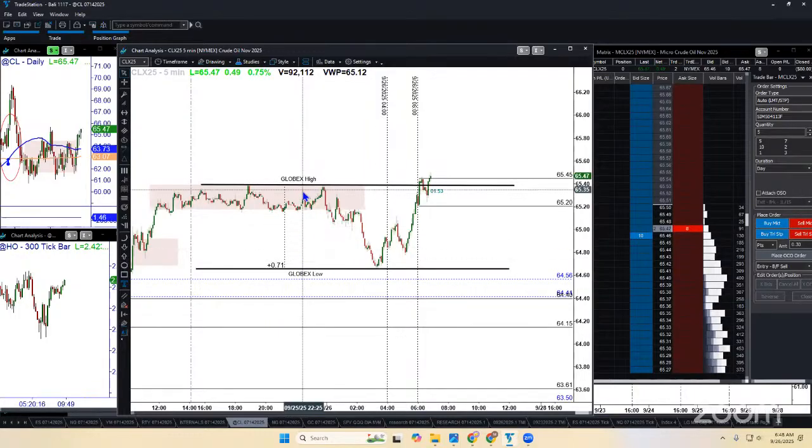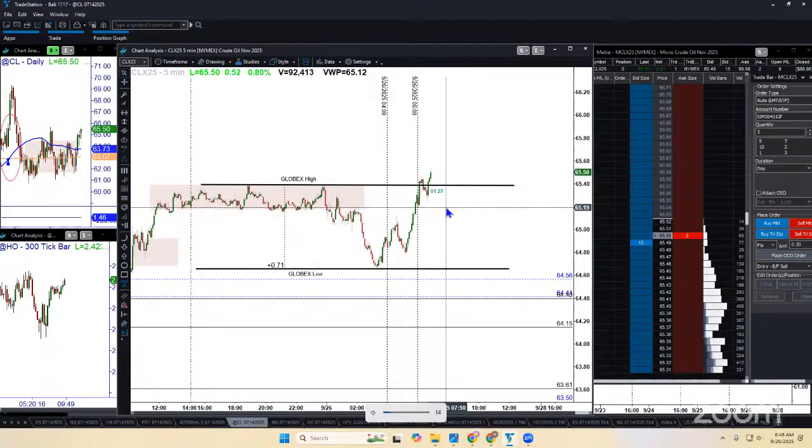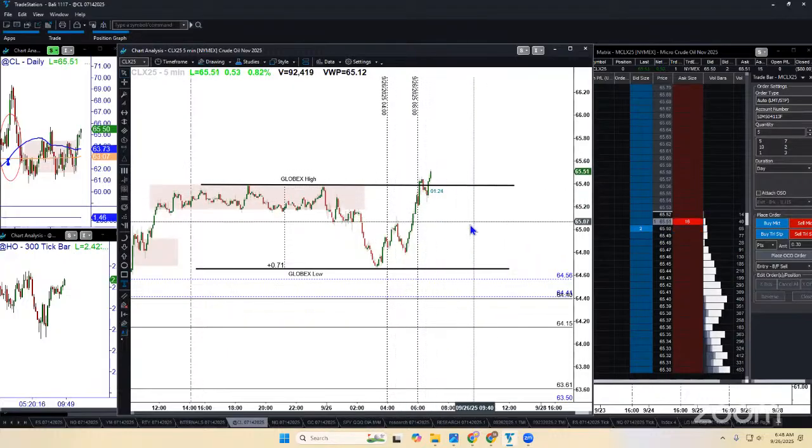We take a measurement of the Globex range, we compare it to the daily ATR, because not every day is a good day to take the open range breakout. A clue that we found is by measuring the Globex range, and if the Globex range is between about 40 and 70% of the daily ATR, it's more of a choppier open, so we don't go after the open range breakout trade.